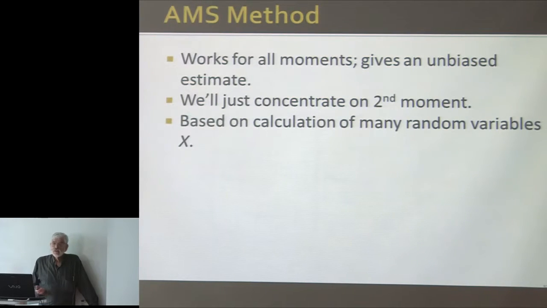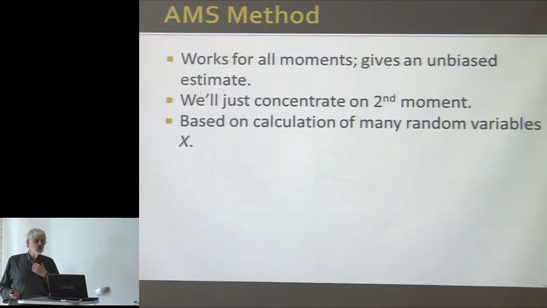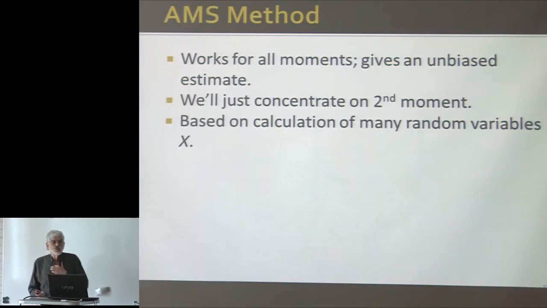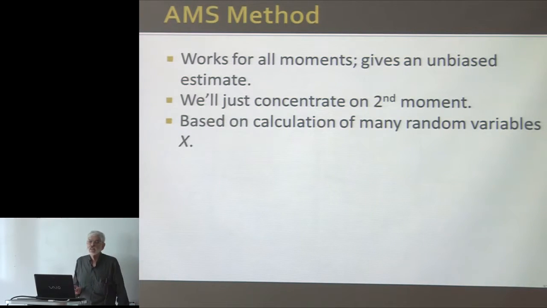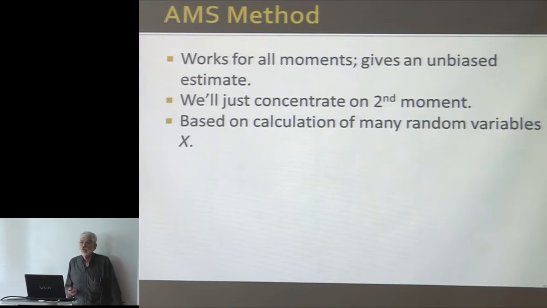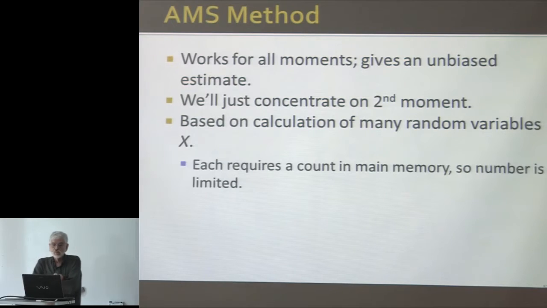Okay, now again, where Flajolet-Martin used the tail of a hash function as its random variables, we're going to calculate random variables, which I'll call x, a typical random variable. And again, we're going to compute, let's say, 100 different random variables and combine the values that we get for those random variables to estimate the surprise number.